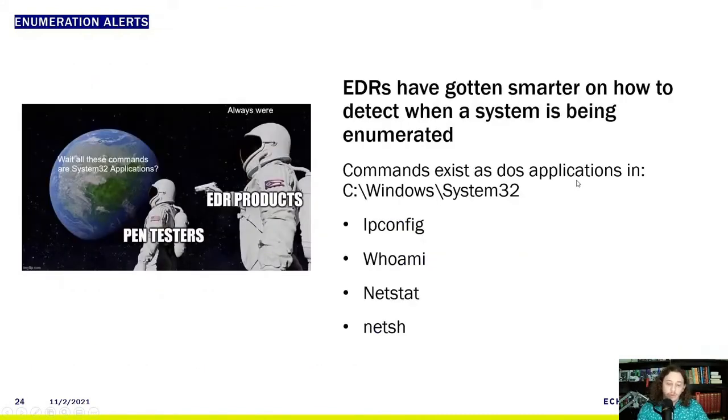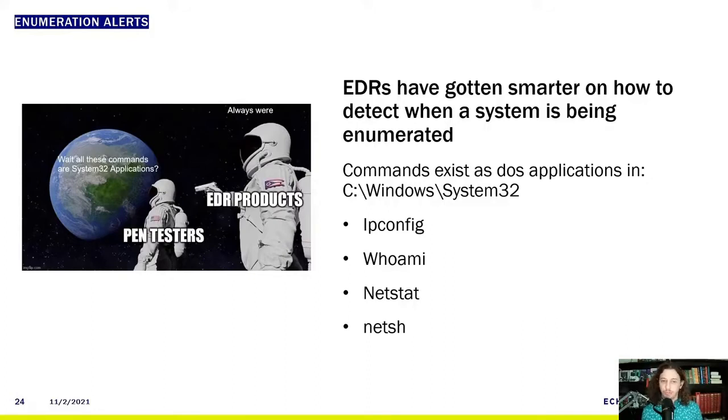So we've talked a lot about the organic controls. We're going to wrap it up here as far as bypassing controls with some EDR detection controls. What I think a lot of people don't seem to realize is that commands like ipconfig, whoami, netstat, netsh, these are all DOS applications that are in your C:\Windows\System32 folder.